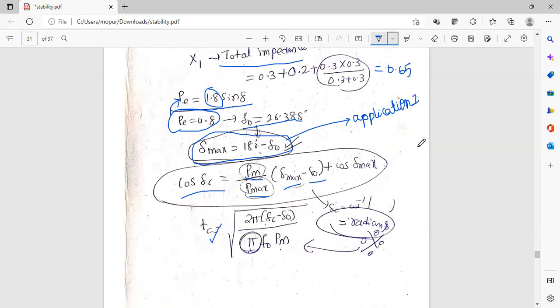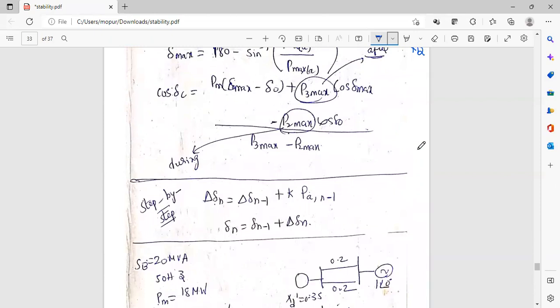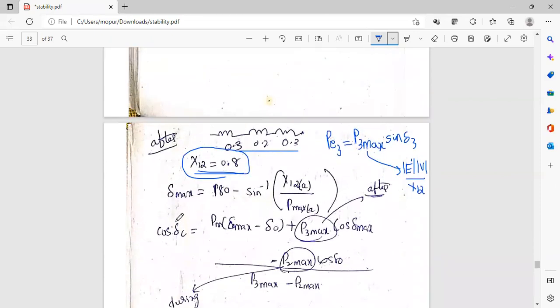And coming on to application 2, the del max formula is, del max is equals to 180 minus X12 after condition and P by P max after condition. This is for application 2.